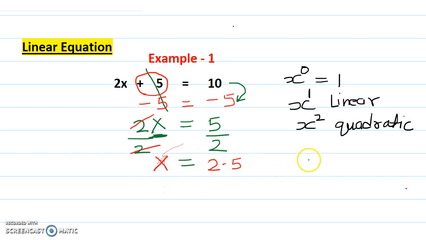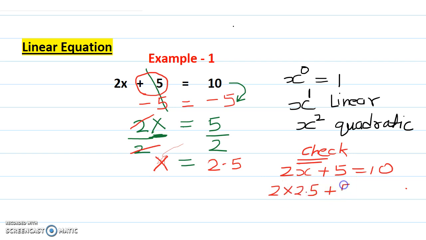So let's check whether we have done our working right or not. For the check, our question was 2x plus 5 equal to 10. In place of x, if you put 2.5, that is 2 times 2.5 plus 5.